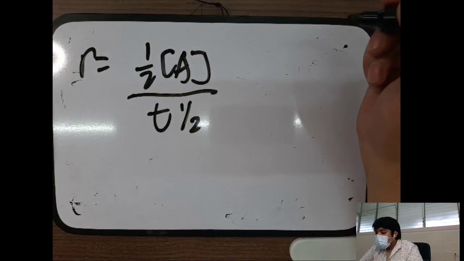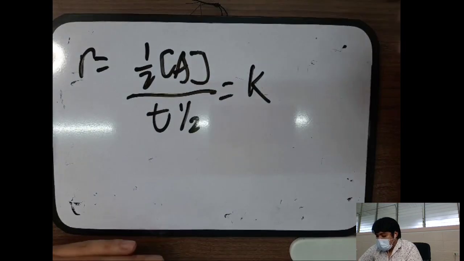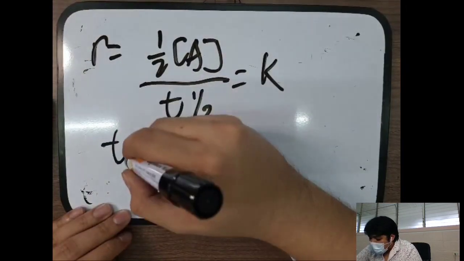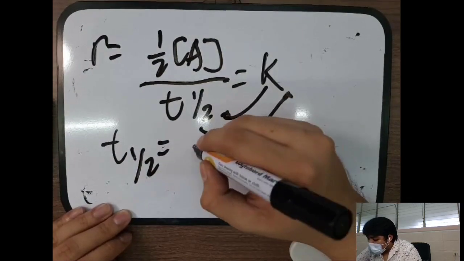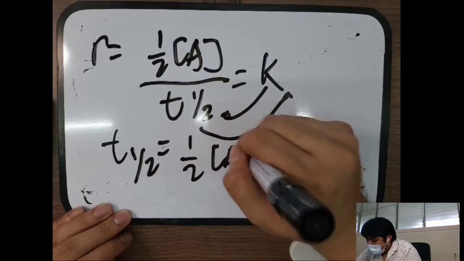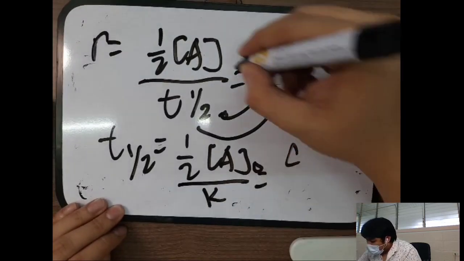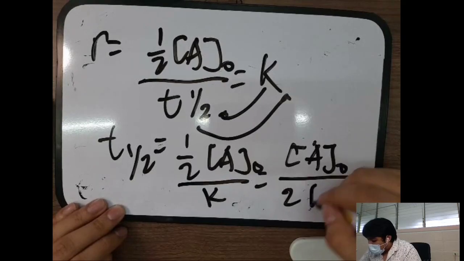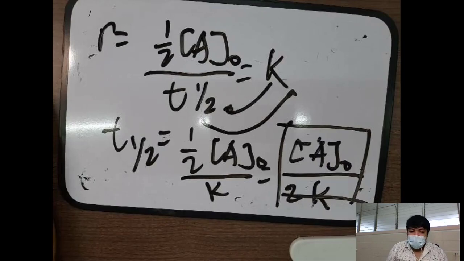Now remember that the rate is equal to the rate constant for the zero order reaction, K. So T 1/2, your half-life, is equal to, transposing it here, 1/2 of A over K, or rather A null, our initial concentration, divided by 2 multiplied by the rate constant. So that's how the equation was derived.